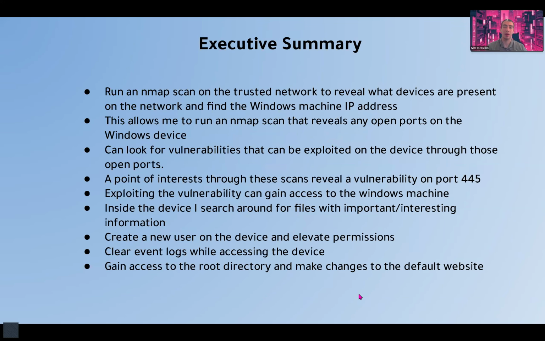So for the executive summary, I run a Nmap scan on a trusted network to find my target device, being the Windows 7 machine. Finding that address for the device I'm looking for, I'm able to find open ports and even run some vulnerability scans to see what ports are open and what ports could potentially be exploitable.